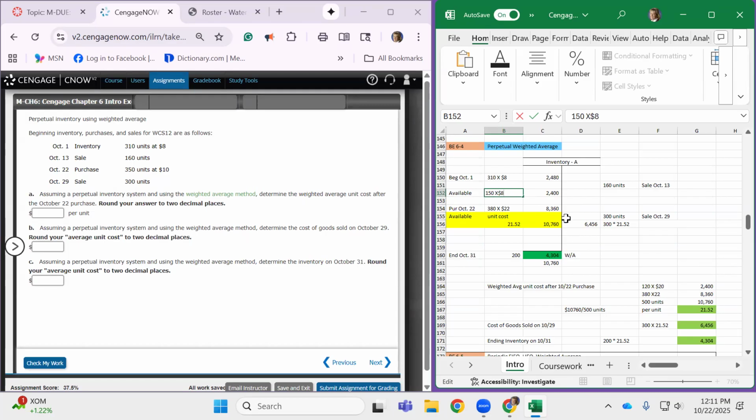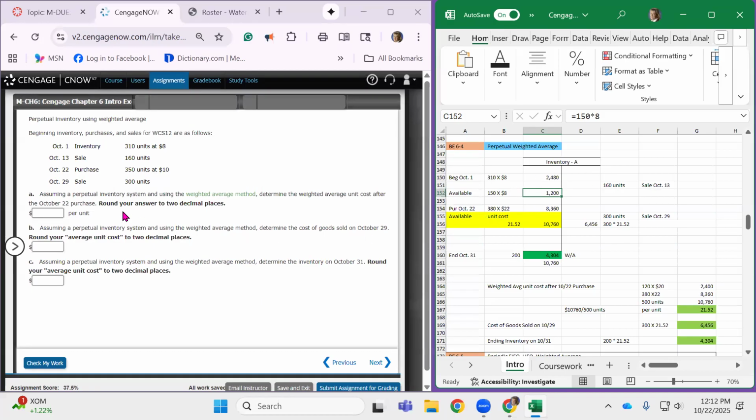Okay, we don't need a weighted average until we buy more and our costs have changed. Okay, so here's how much is still in inventory after the first sale. The first sale is October 13th. So 150 times $8. There were $1,200 left over, $1,200 in inventory after this sale.